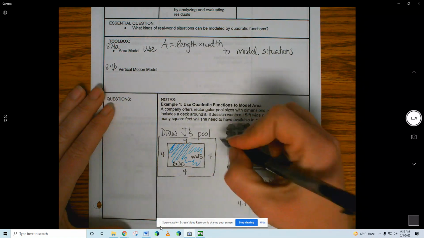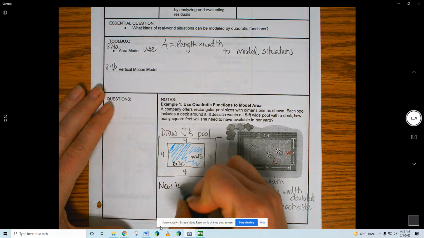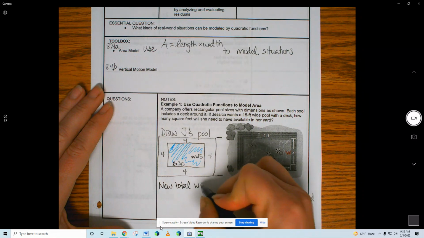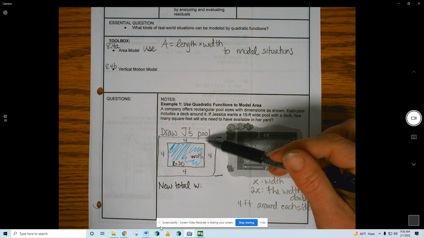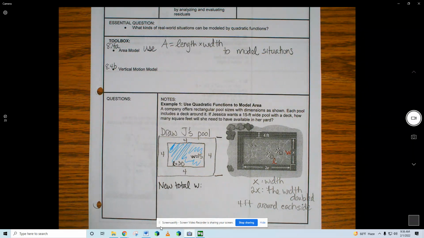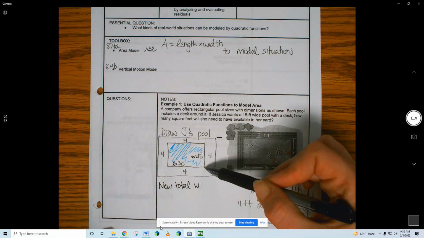How wide from top to bottom is my new total width? Someone new, not from table 3. Table 3, go on mute. You guys have helped so much. Thank you. I'm adding 4 to each side. So what's that going to be? 15, 4 up here, but also 4 down here.